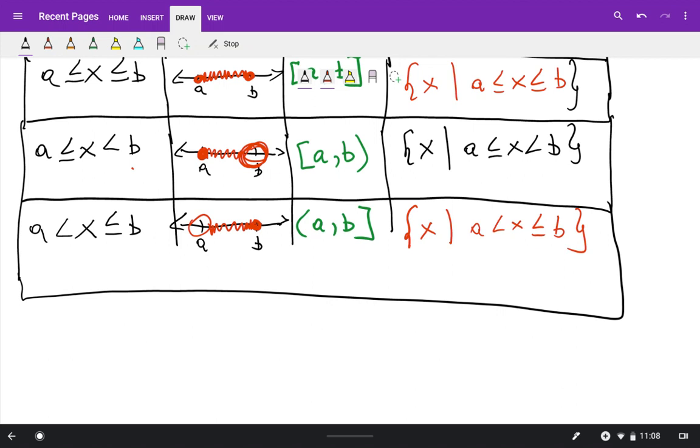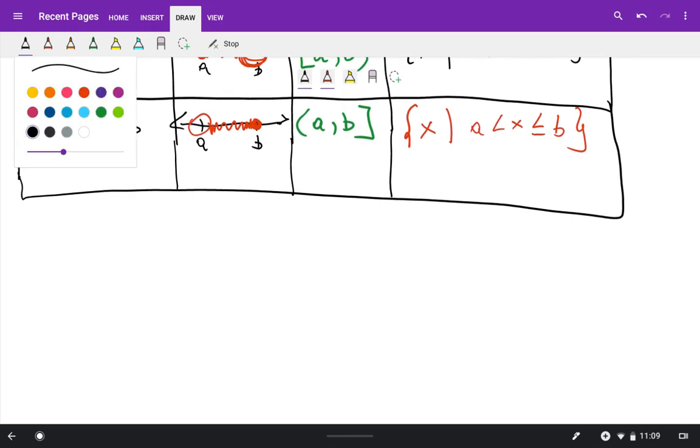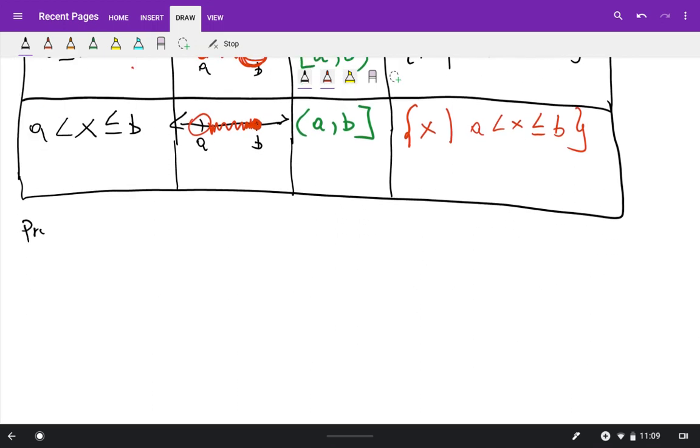So this is how you're writing the solution set using the graph, interval notation, and set builder notation. I think it's time to start practicing. So let's practice. Okay, let's practice.